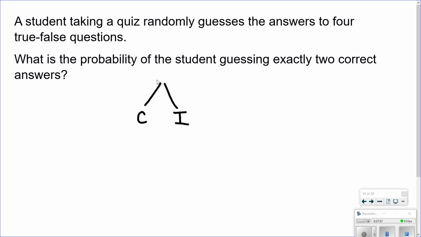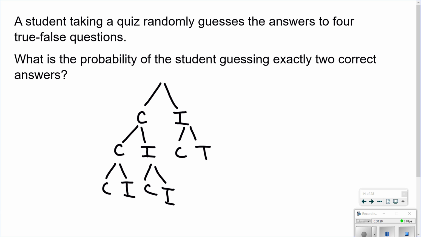Then you go on to the second one. He could get the first answer correct and the second answer correct, or the first answer correct and the second one wrong. I'm using C for correct and I for incorrect. Same thing over here. We've got to keep going. There are 4 questions. He could guess correct or incorrect, and those are equally likely.